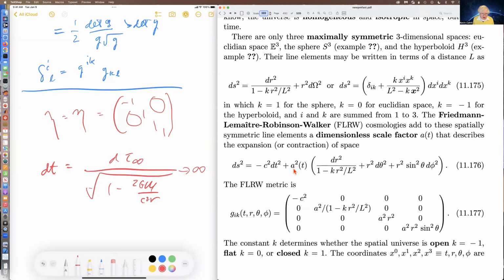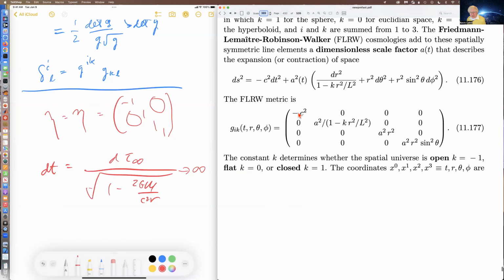They have a at the present time equal to unity, which of course makes things simple for their observations, which are done at the present time, but means that a at the time of first transparency, 380,000 years after the Big Bang, would have been microscopic, something like 1 part in 1,000. Anyway, the resulting metric is what I'm calling the FLRW metric, and it's of this form.